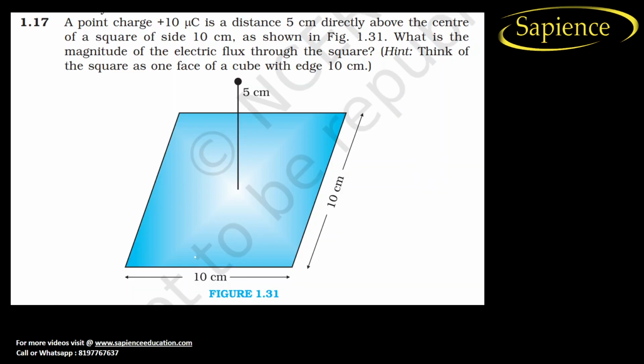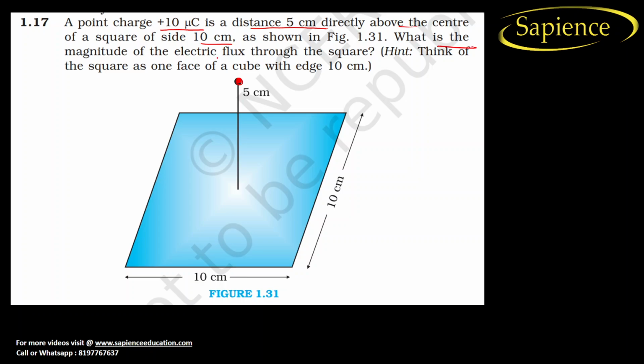Before that we need to read the question properly. A point charge 10 microcoulomb is at a distance 5 centimeter directly above the center of a square of side 10 centimeter as shown in the figure.